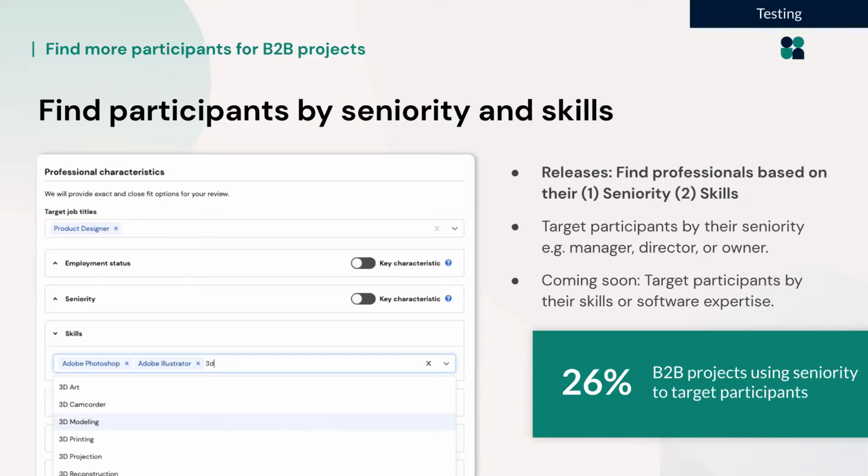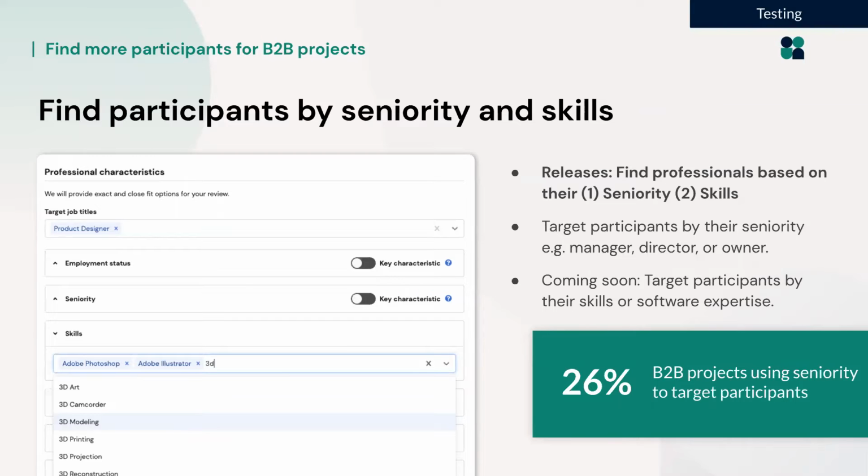And the other field that we're adding that I'm really excited about is skills. Think of skills like what you might see on someone's LinkedIn profile. It could include specific software that they use like Miro or Figma, or it could be a broader term, like product design. We've started introducing skills on the participant side, and we already have 35,000 participants who have some skills on their profile.